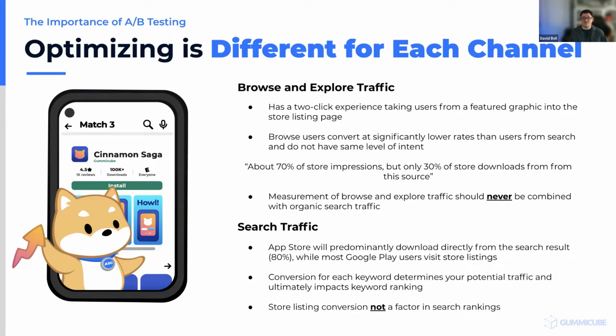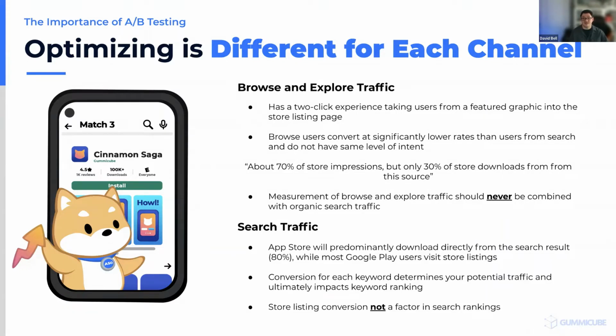Conversion is generally much lower when it comes to browse traffic, which is one of the reasons why you need to measure browse and search separately, because at the end of the day, a blended metric for organic really doesn't work, because browse traffic can be very volatile in terms of the number of impressions and much lower in conversion rate than traffic that comes from search. When you look at search traffic, users behave differently as they're searching.